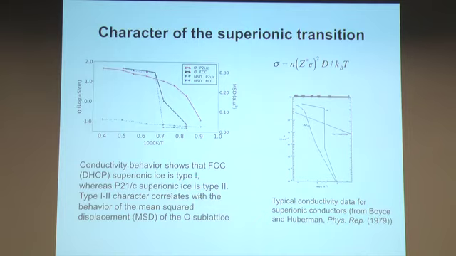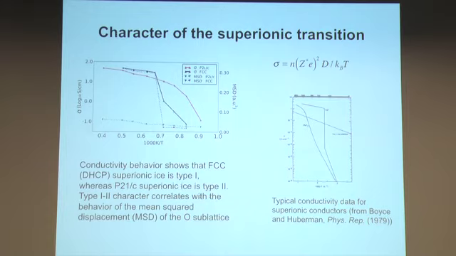This behavior correlates extremely well with the behavior that we observe in the oxygen sublattice. Namely, in the oxygen sublattice, when the system goes to the FCC structure, the oxygen sublattice at low temperature has a different structure because the protons occupy certain sites and there is a change of symmetry in the system.